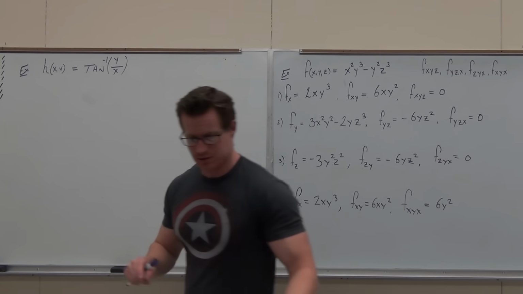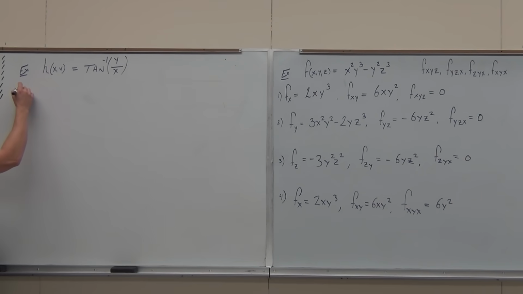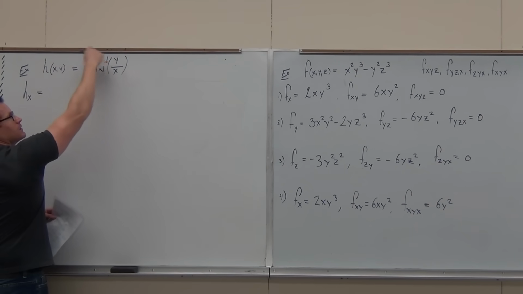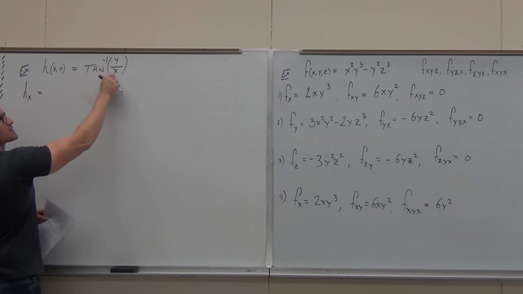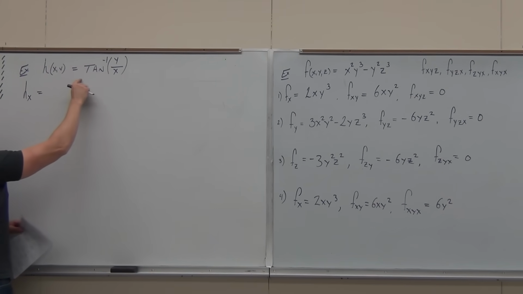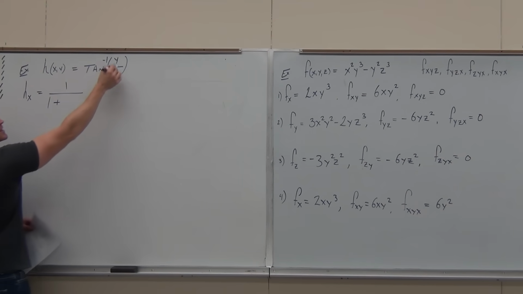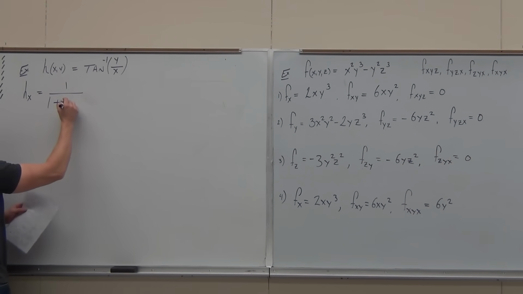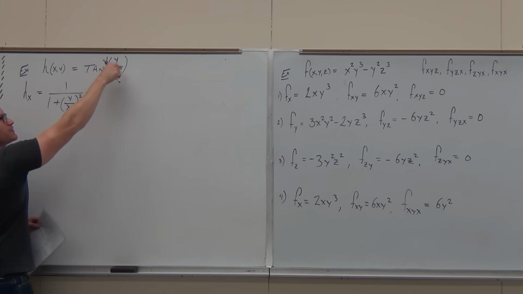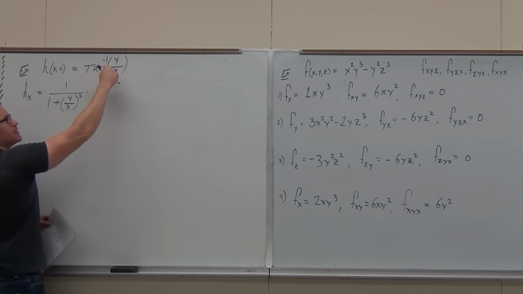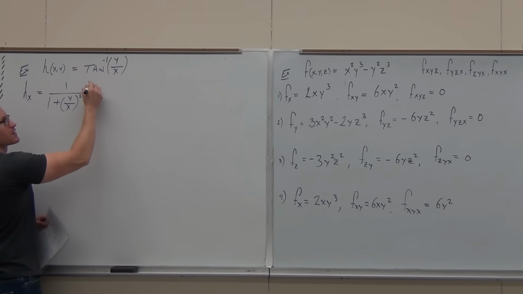So let's try this. How we start this off, I want the partial derivative of h with respect to x. This would be chain rule, but x is my variable, y is not. The derivative of tan inverse, if you remember it, it's 1 over 1 plus inside stuff squared times the derivative of inside stuff. That's chain rule, but x is my variable. It's negative y over x squared.